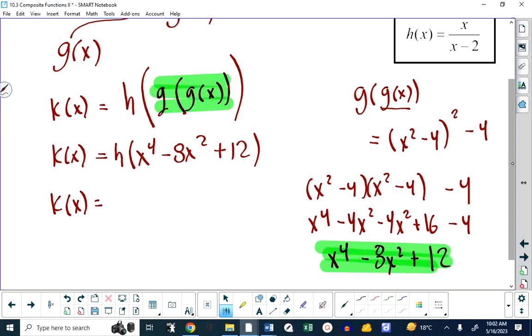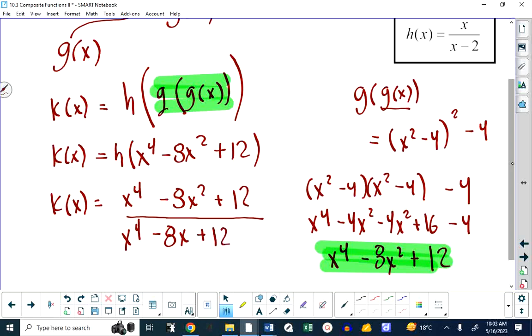It's x, or the input, which is x to the 4 minus 8x squared plus 12, over the input minus 2. I really so much just want to write plus 10 here, but I'm going to put plus 12 and then minus 2. And I'm not going to spend time rewriting it, but you, of course, would rewrite it with plus 10 on the bottom instead of writing 12 minus 2.